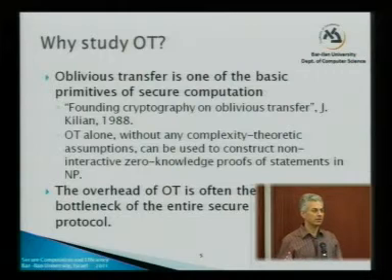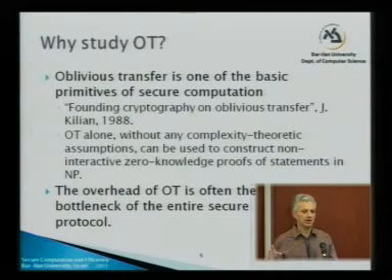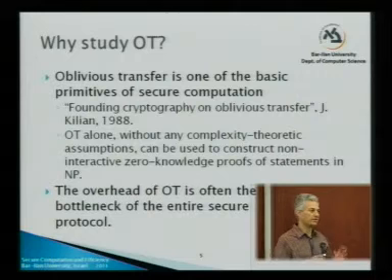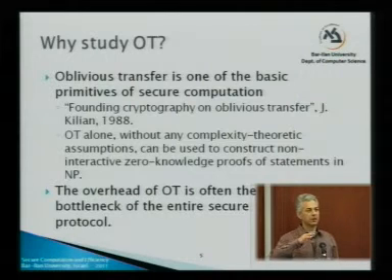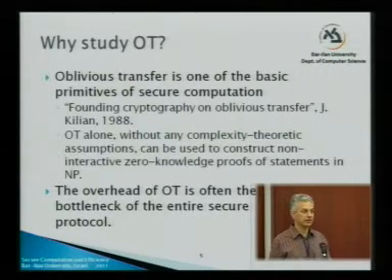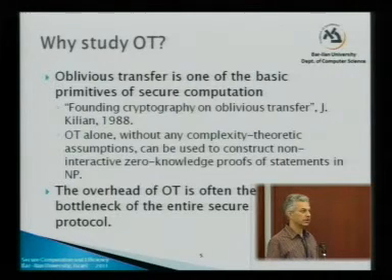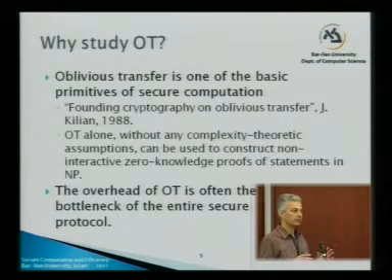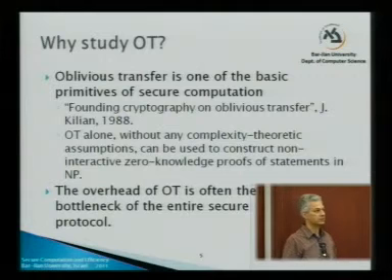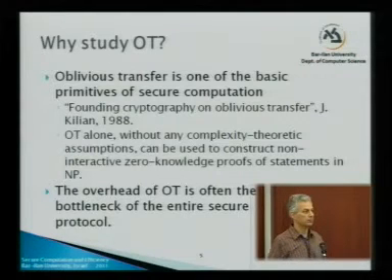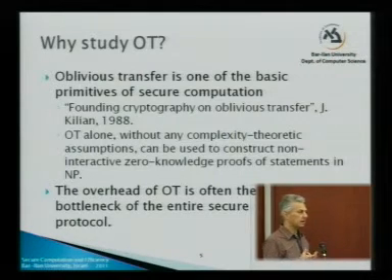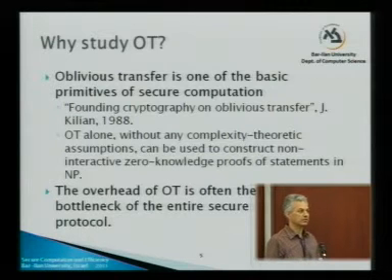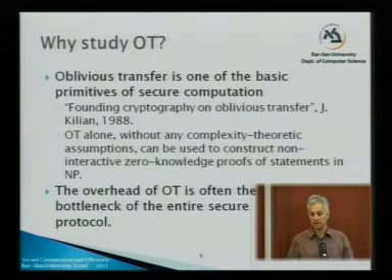I don't care how it's being implemented: say by using DDH assumptions, say based on other assumptions, say using some quantum assumptions about the communication channels. There's also Oblivious Transfer of that sort. Say by some trusted hardware. Once you have Oblivious Transfer, you don't need any other type of cryptography, no encryption, no signatures, nothing. You can do secure computation. So it's really a basic primitive which enables you to do most of the things you want to do in secure computation. So this is why we study it.